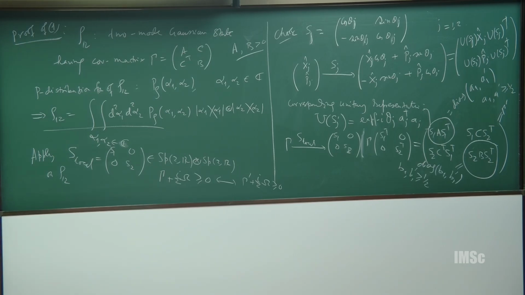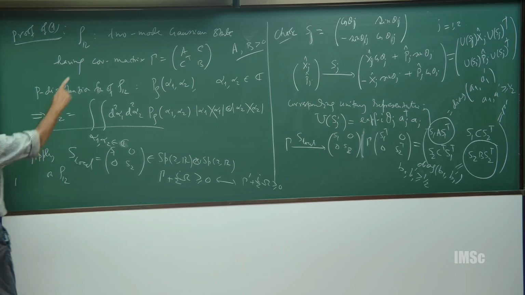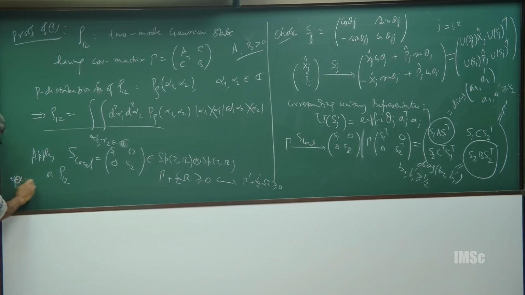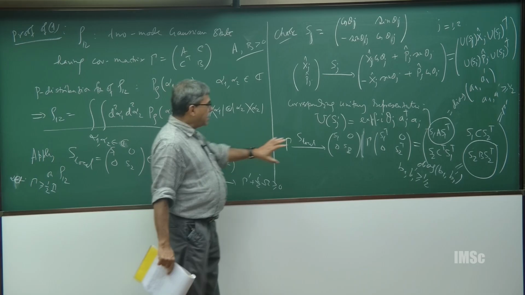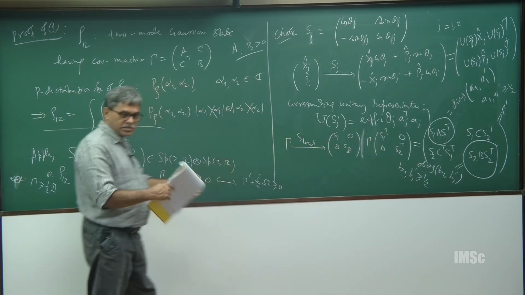But now, because this is what we have to prove, let us say that gamma is greater than or equal to half identity. Then how did you obtain gamma prime? By applying these local rotations, which is again a unitary transformation.